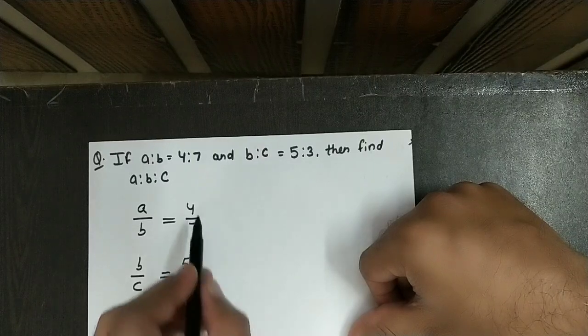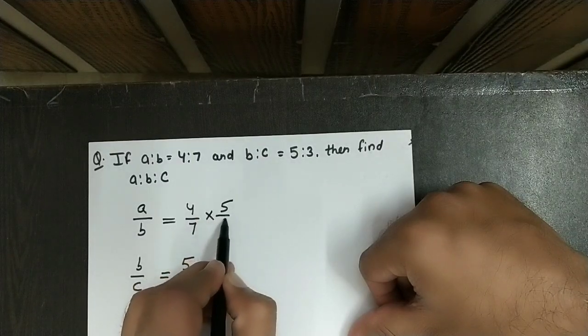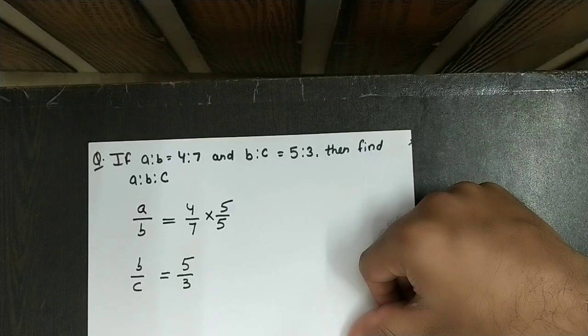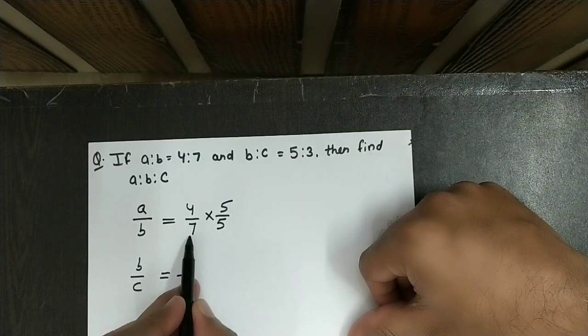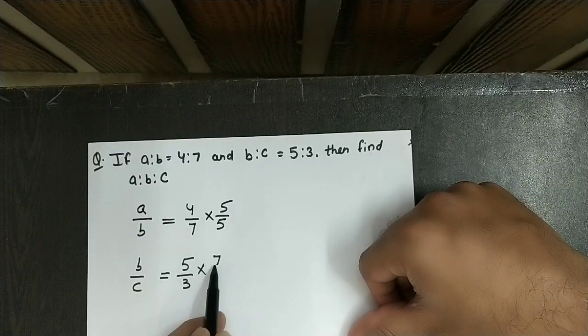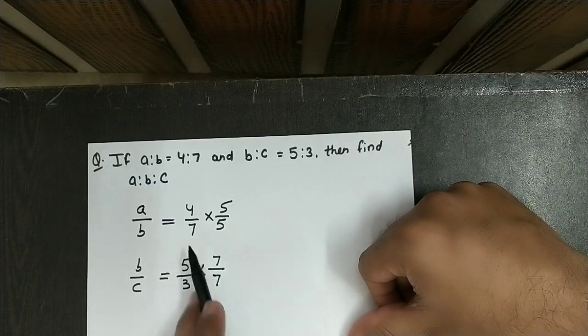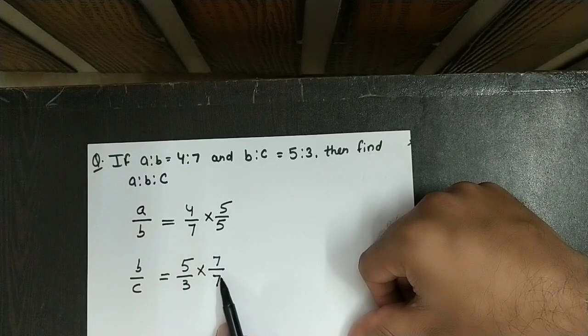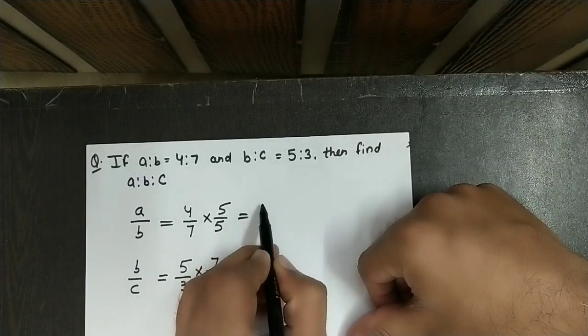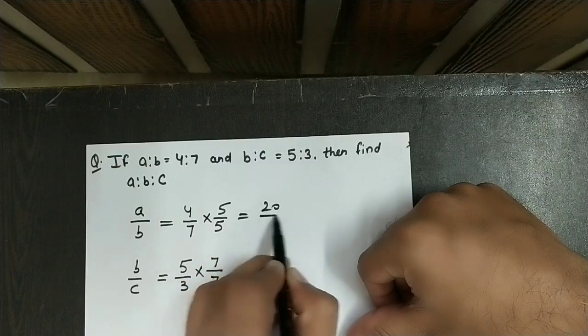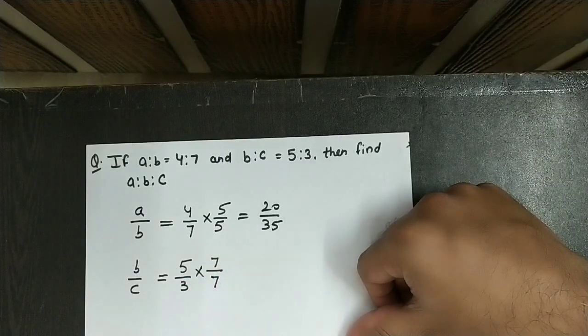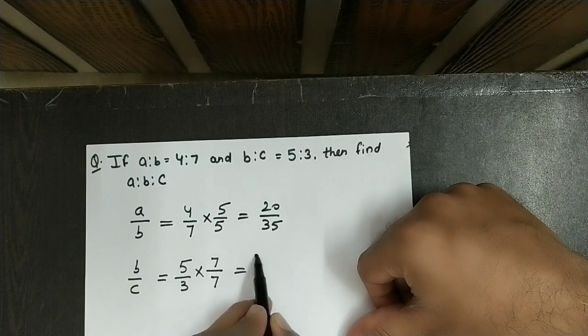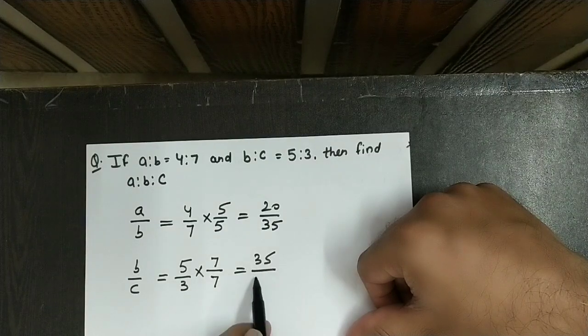Here the numerator is 5, so multiply and divide this ratio by 5, and here we have denominator 7, so we have to multiply and divide this ratio by 7. So, this denominator we will use here and this numerator we will use here. So, this is 20 divided by 35 and here it is 35 divided by 21.